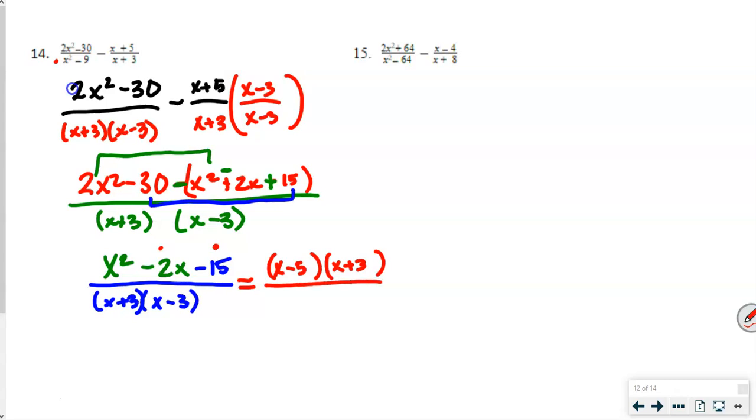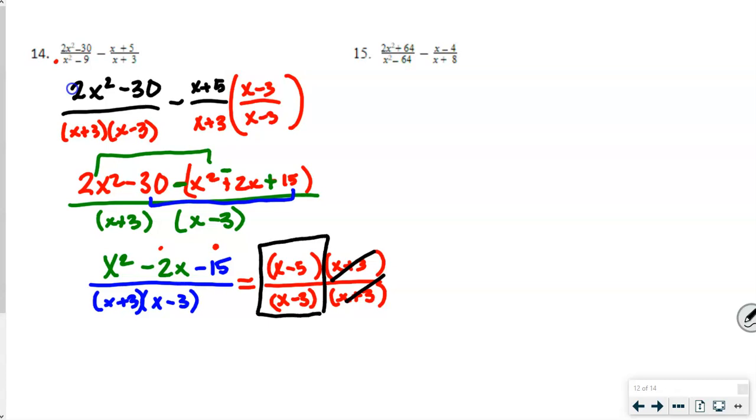So I'm going to actually write these over each other that are like terms. So I'm going to do my x minus 3 here and my x plus 3 here, because notice again these are going to cancel each other out, right? So this is going to be my answer right there.